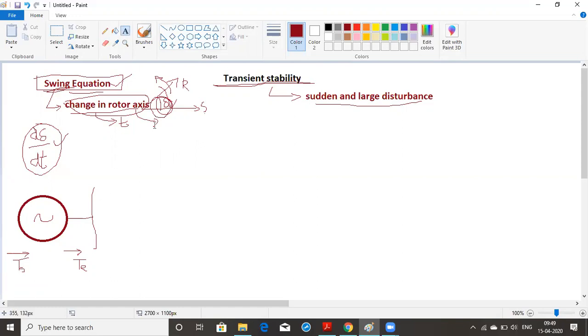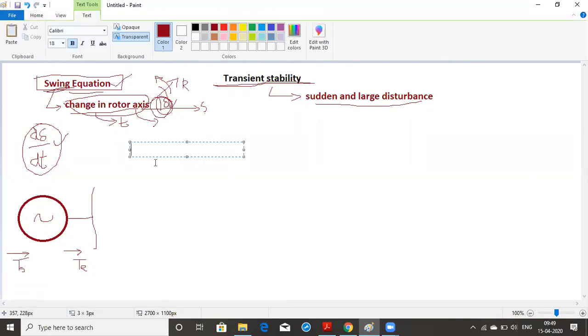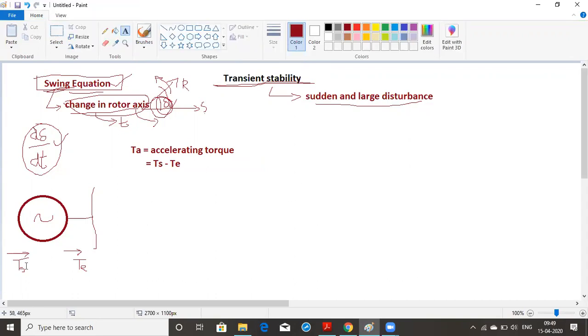Then I can write the accelerating torque, TA. The accelerating torque is the difference between the shaft torque minus the electrical torque.